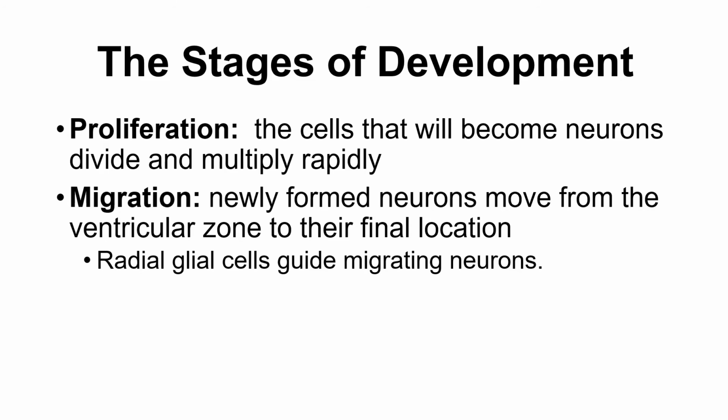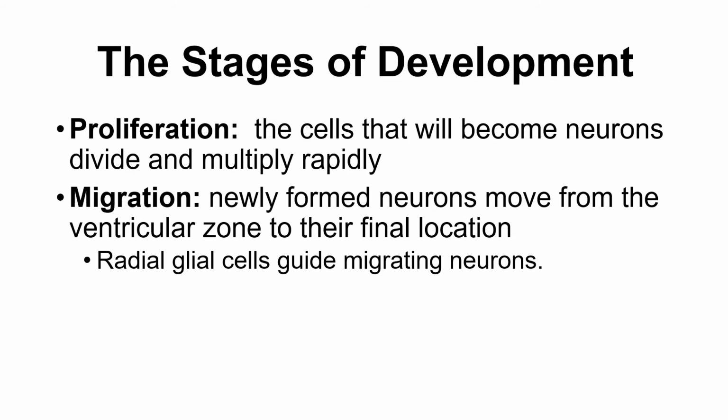This is one of those rare times where I find the names of these things actually match very nicely with what's happening. So during proliferation, these cells are multiplying prolifically. They're making lots and lots of divisions, and they multiply and divide at a rate of up to 250,000 new cells every minute.